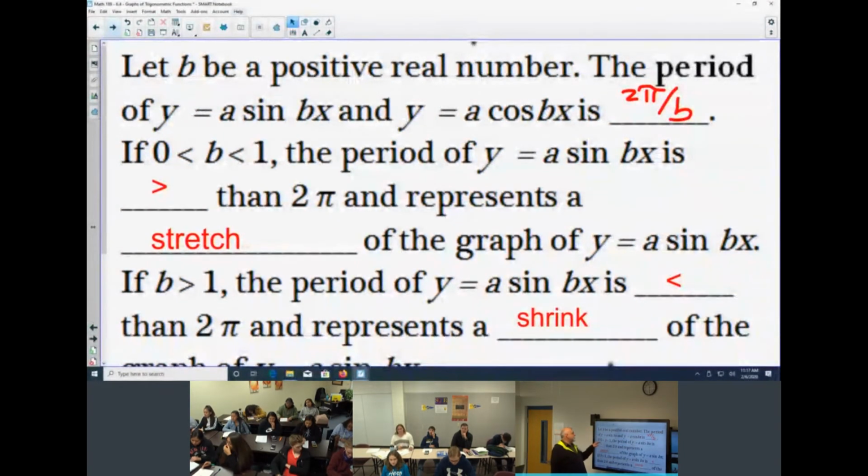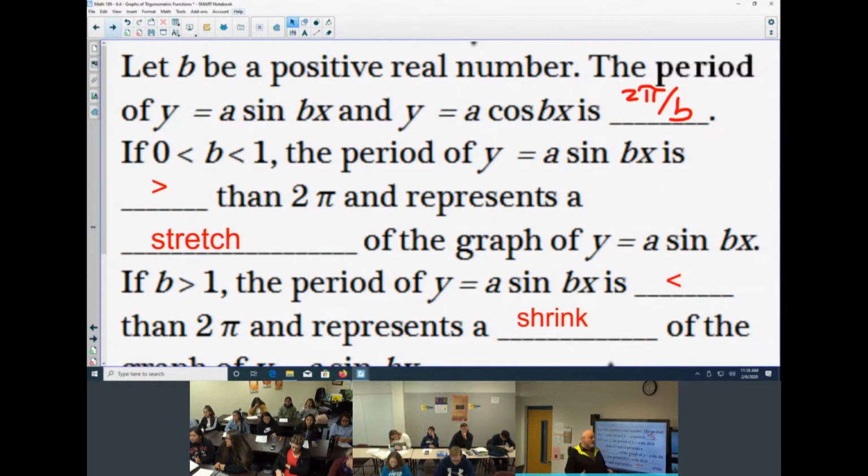If 0 is less than b is less than 1, so b is between 0 and 1, then the period is going to be greater than 2 pi. Because if b is a half, for example, 2 pi divided by a half is the same thing as 2 pi times 2. So it would stretch it out.